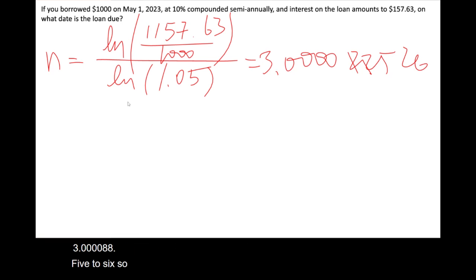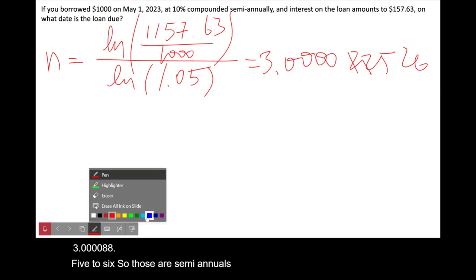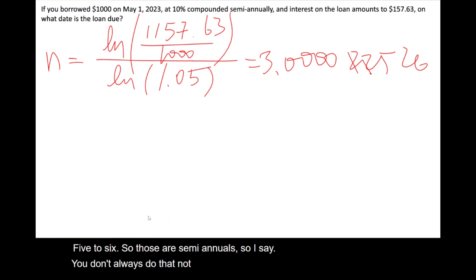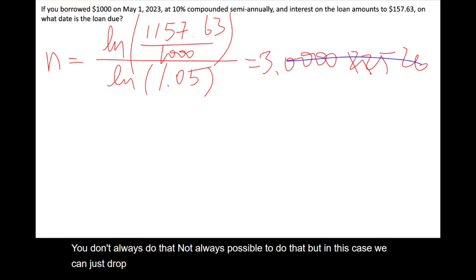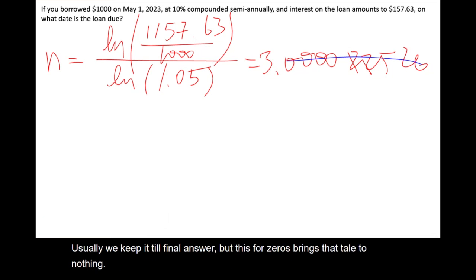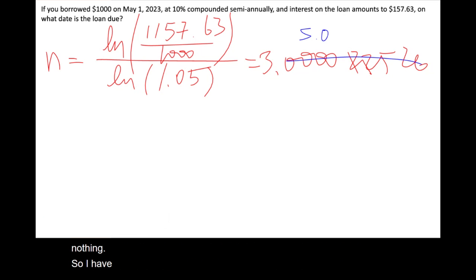So those are semi-annuals. We not always can do that, but in this case, we can just drop that. Usually we keep it till the final answer, but these 4 zeros bring that tail to nothing. So I have 3 semi-annuals.